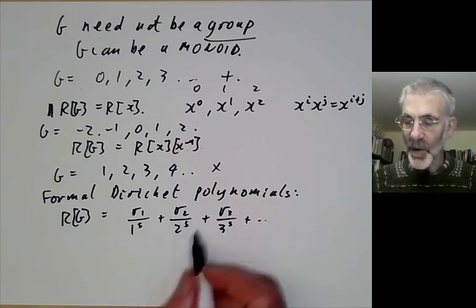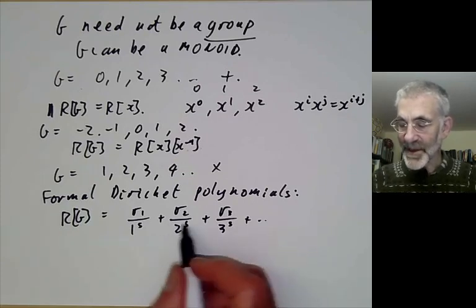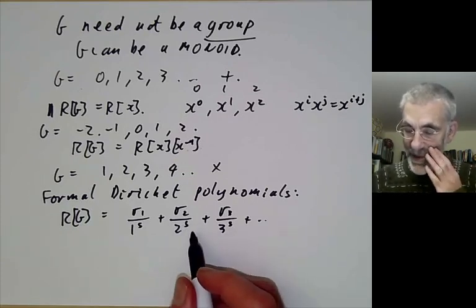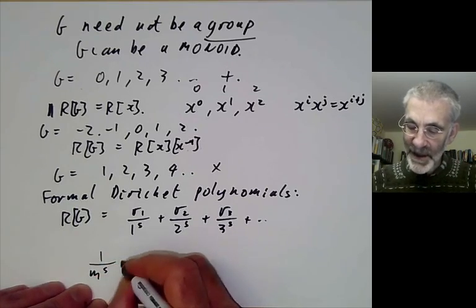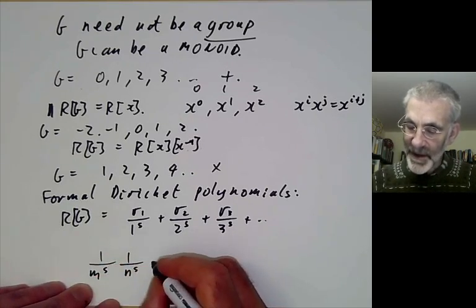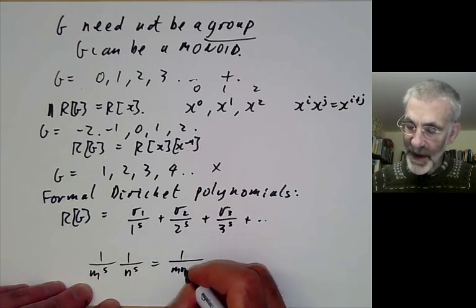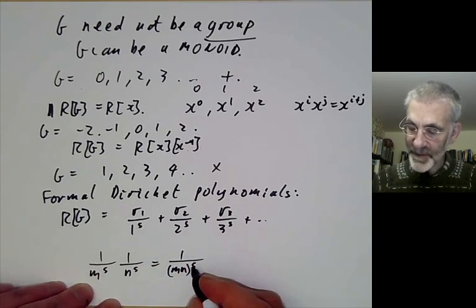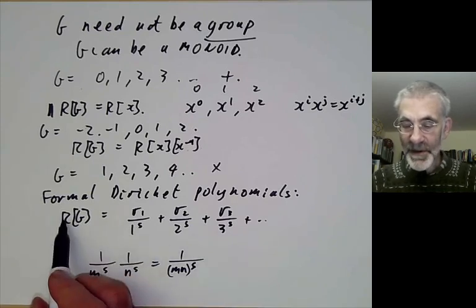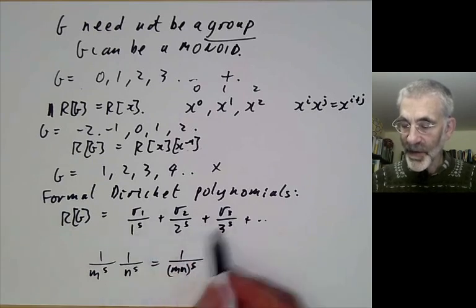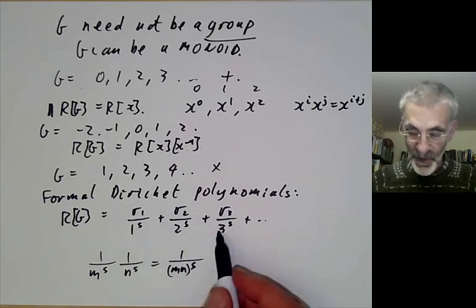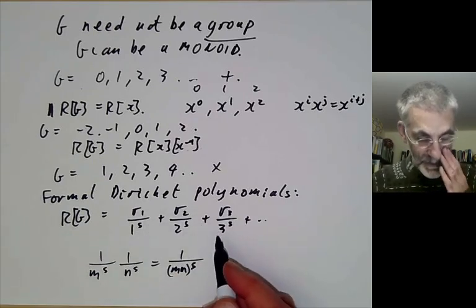They're just formal placeholders which makes remembering the multiplication easier. The point is that 1 over m to the s times 1 over n to the s is at least formally equal to 1 over (m times n) to the s. Of course, if R is the ring of complex numbers, then you can think of these as being functions on the complex numbers, but you don't really need them to be functions.